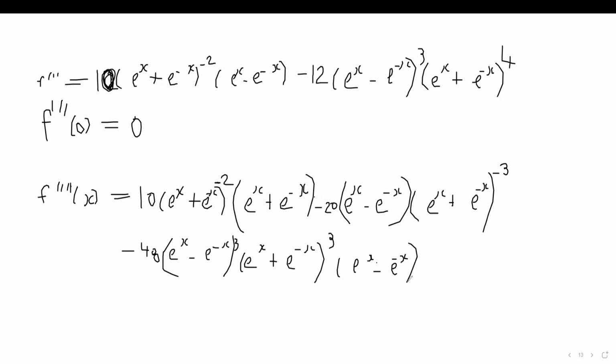Then now plus, keep the second, which is the e to the x plus e to the minus x, multiplied by the derivative of the first. The derivative of the first is, carry down the 3, that's minus 36.